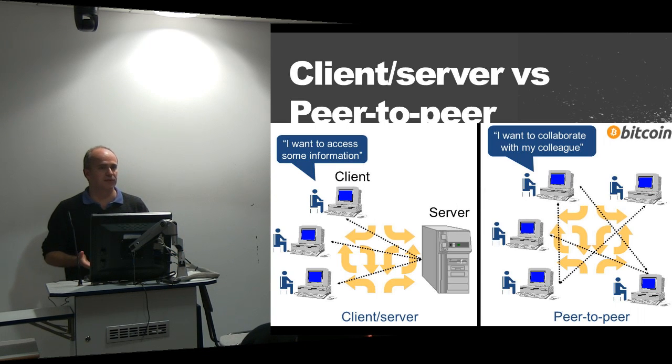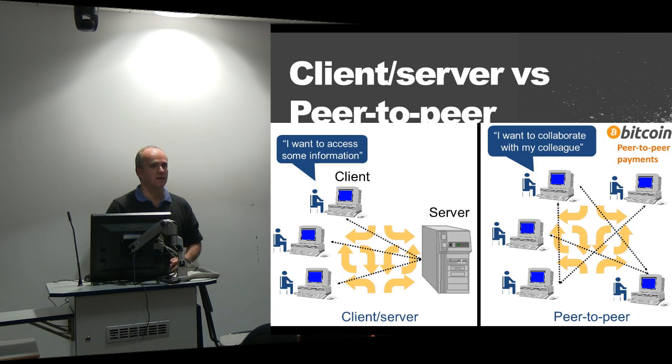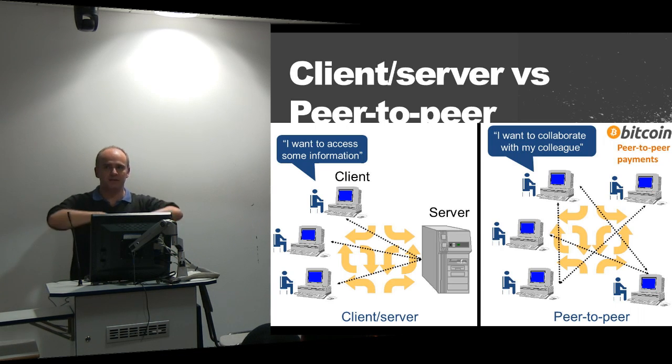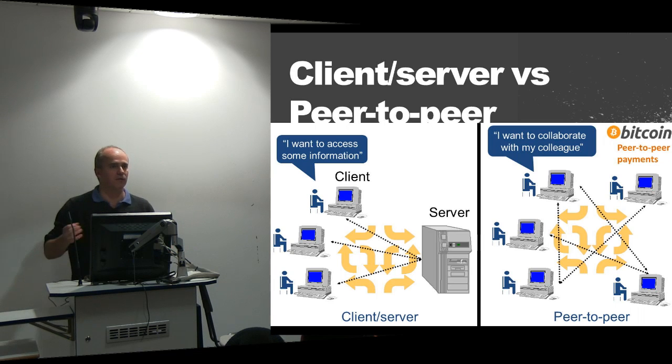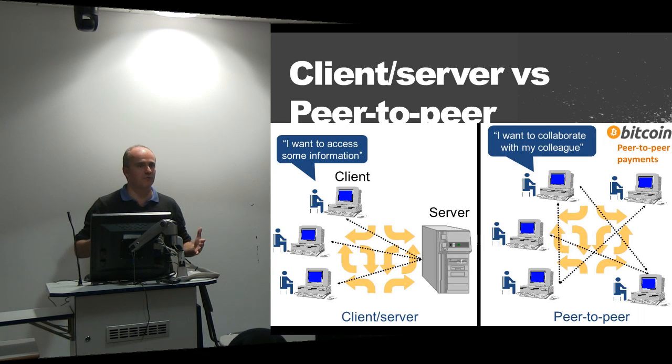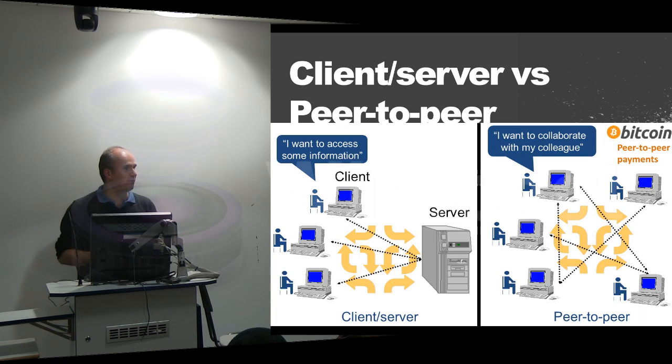That's not the case with Bitcoin. It's peer-to-peer payment. Okay? Everything, the whole information about the currency is contained in the whole network. Every single computer or device on the network has a bit of the information.